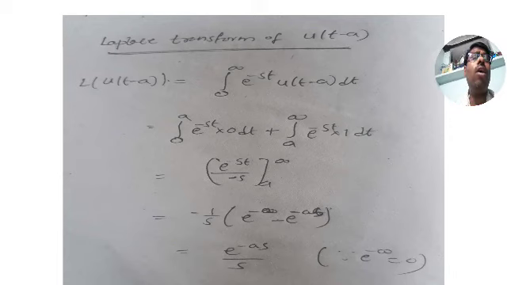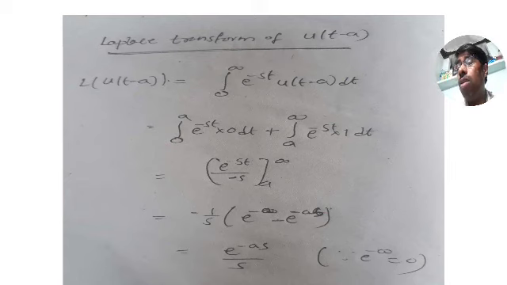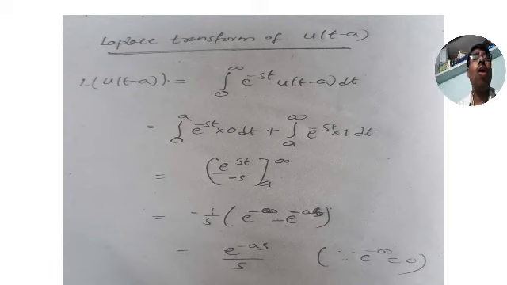Now, depending on the unit step function and its Laplace transform, let us give the second shifting theorem. What we covered: change of scale property, the unit step function and its Laplace transform. Now the second part of the class is the second shifting theorem.